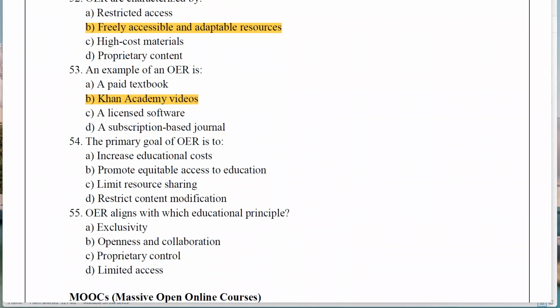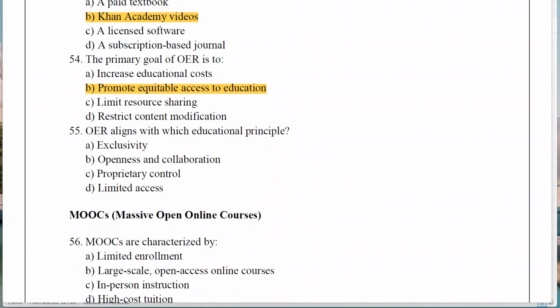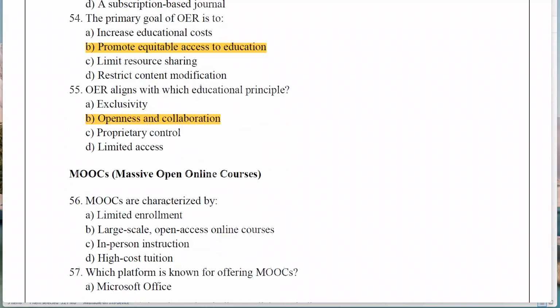The primary goal of OER is to promote equitable access to education. OER aligns with which educational principle? Openness and collaboration.